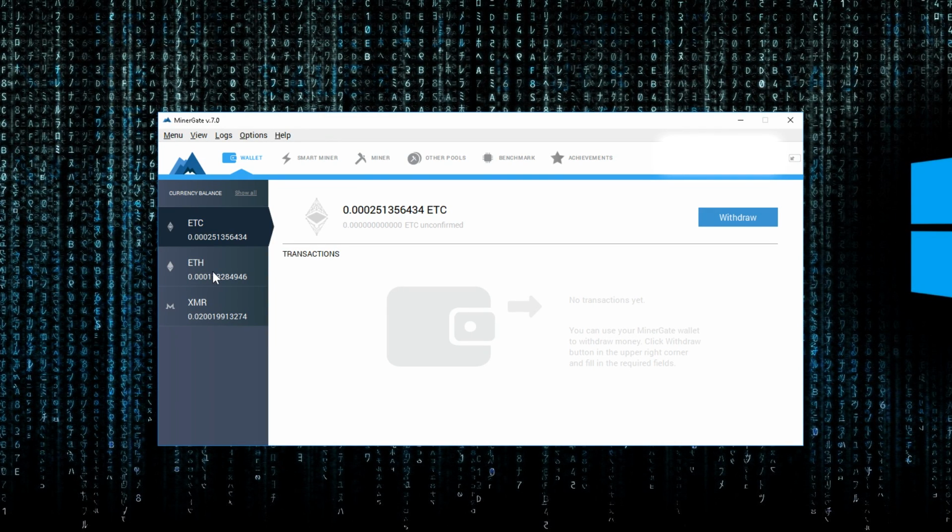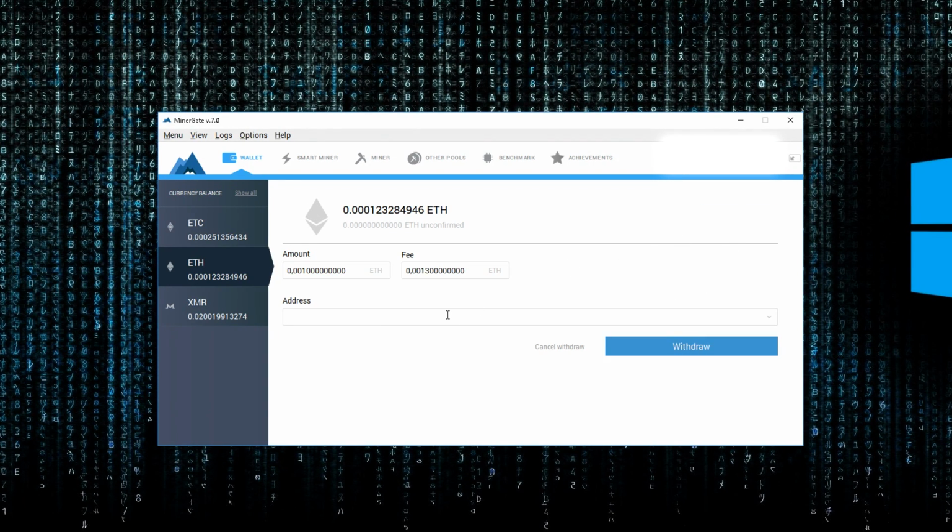Okay, now fast forward a couple months and you have gained something, you've mined something on Minergate, you have actually a nice amount here, maybe a couple Ethereum Classic, maybe 1 or 2 Ethereum, and you want to withdraw it. Before you withdraw everything in one transaction, my advice, don't. Send it in a couple transactions.